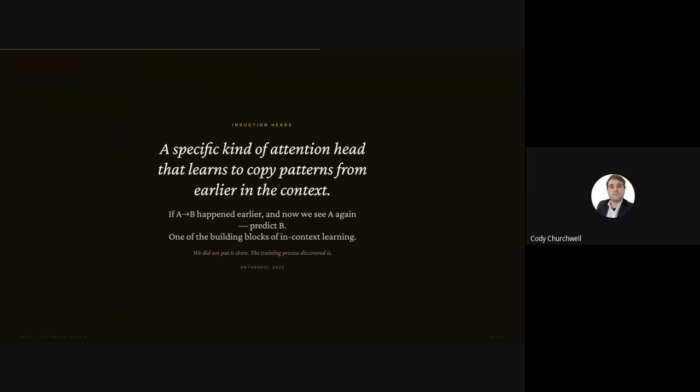That single mechanism is one of the building blocks of in-context learning. It's why the AI can pick up a pattern in your specific conversation, though it never saw it in training. And this is worth sitting with, because we did not put that there. The training process discovered it on its own.